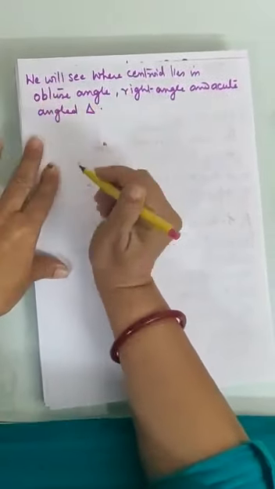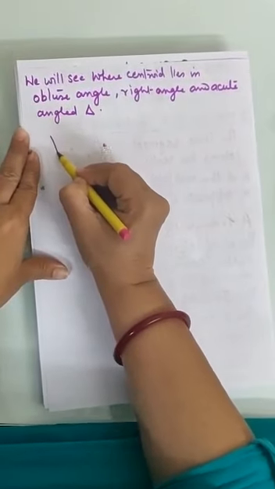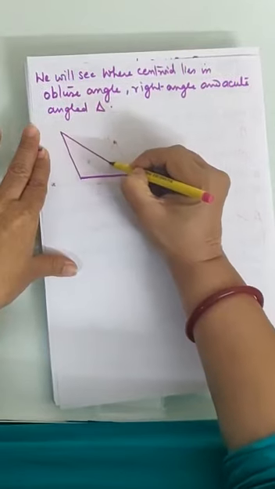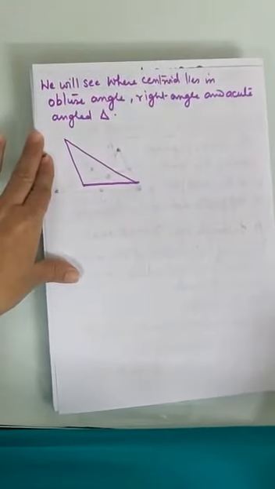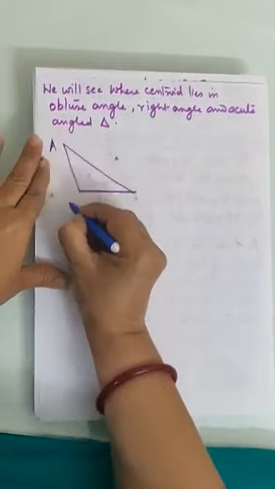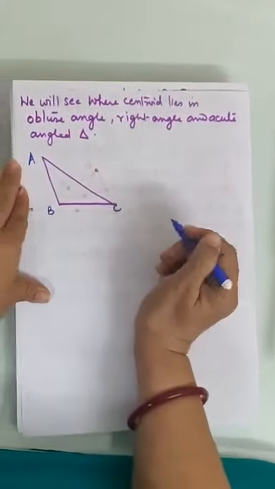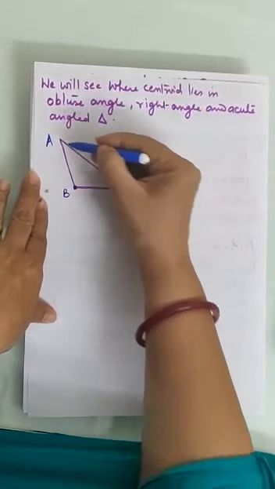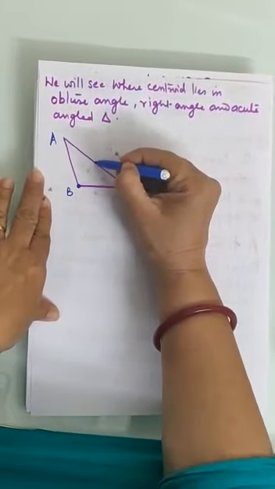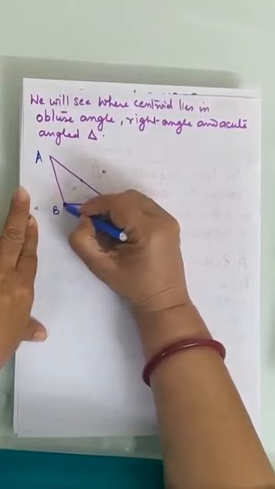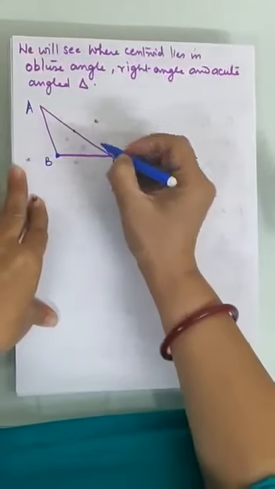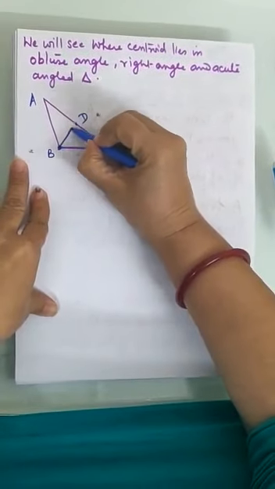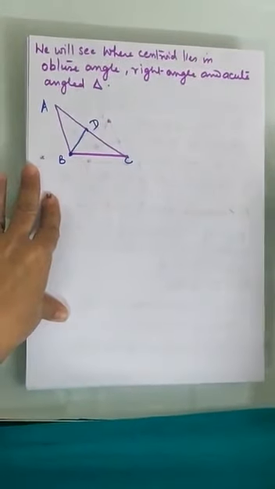So I'll draw an obtuse angled triangle. Let us name it A, B, C. We start with vertex B. Midpoint of AC is somewhere here. Let us mark this point as D. So now you join BD. This is the first median.